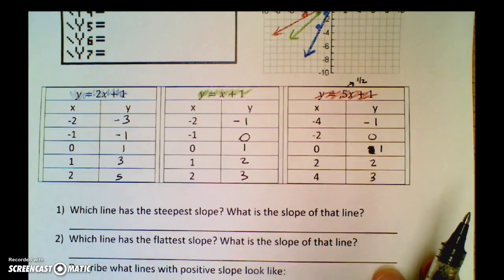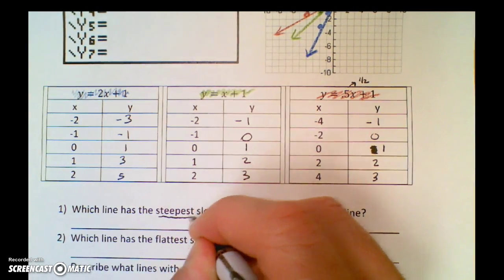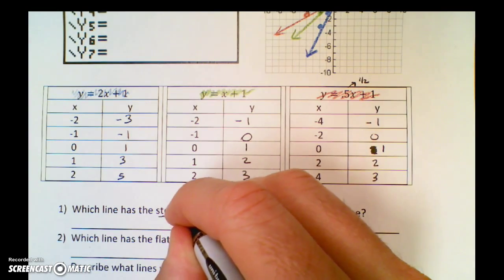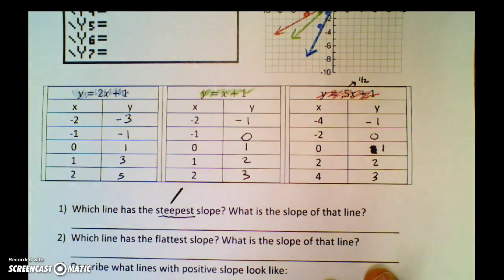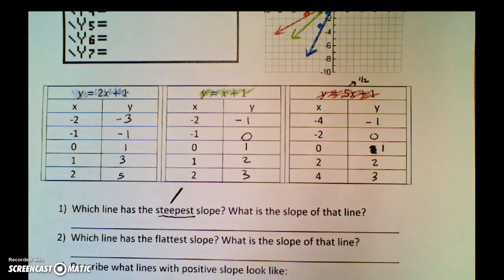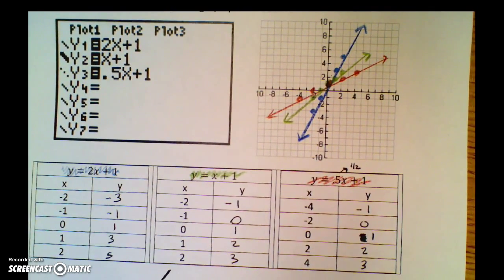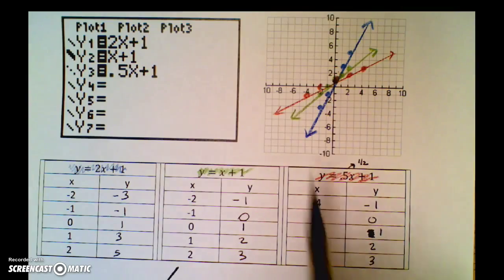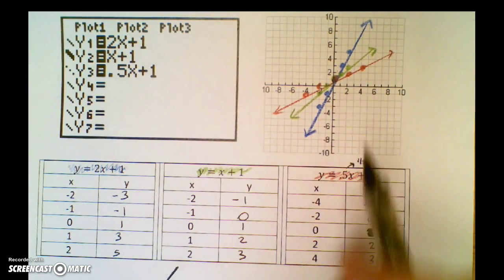So the first question asks, which line has the steepest, and steepest means the one that has the biggest hill to climb, essentially. If you're going up a steep hill, it's the one that has the harder angle to go up. So if you're thinking about going uphill on a bike on one of these lines, the blue line is the steepest.